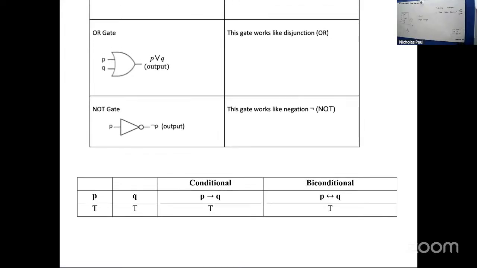If you look underneath here, we have to learn the truth table for conditional and biconditional. Conditional means P implies Q. Biconditional means P if and only if Q. So we are learning truth tables.